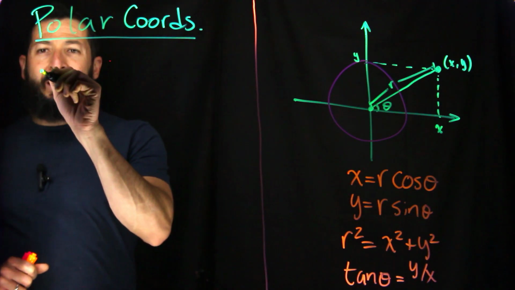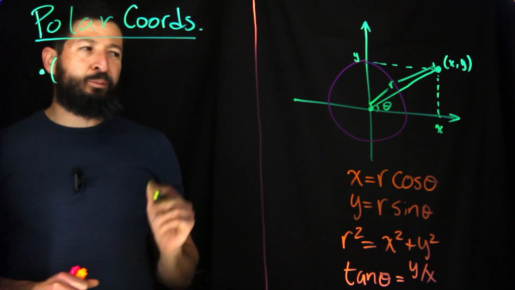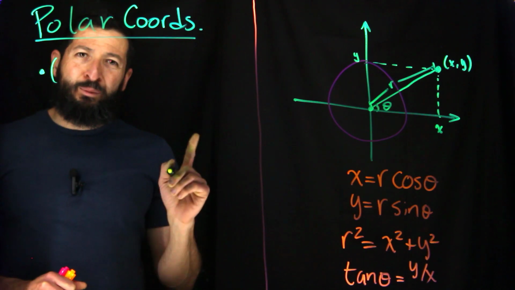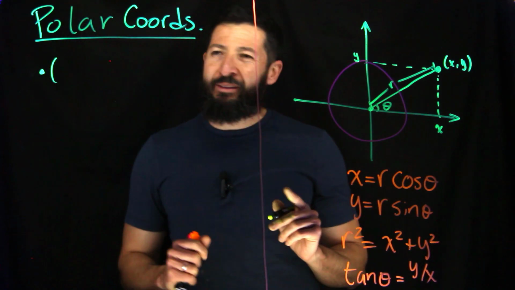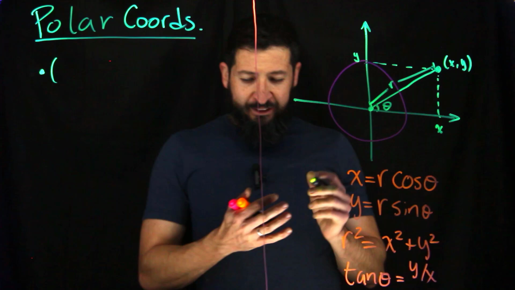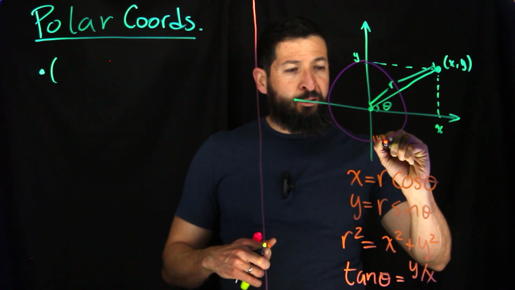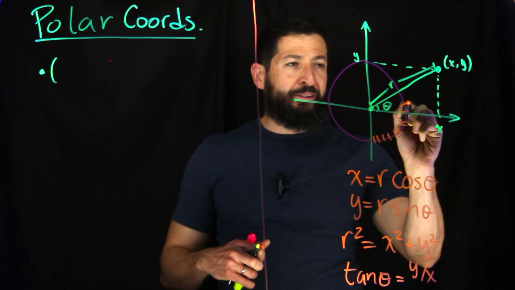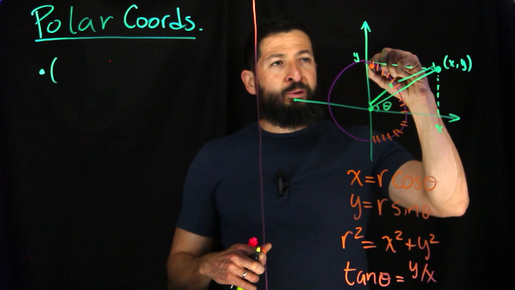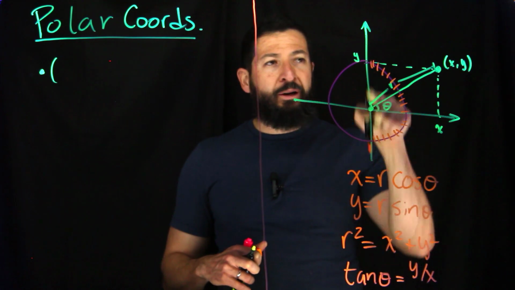So let's take a look at what happens with a point in a little bit more interesting situation. Think about when we take an arctangent. I didn't mention this, but when you put an arctangent on your calculator, it's going to spit out values between negative pi over 2 and pi over 2.